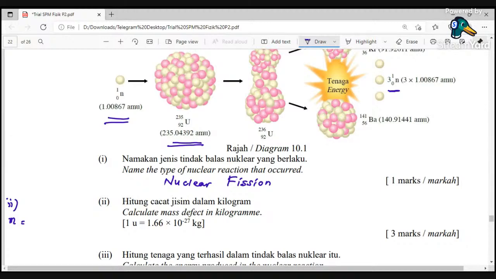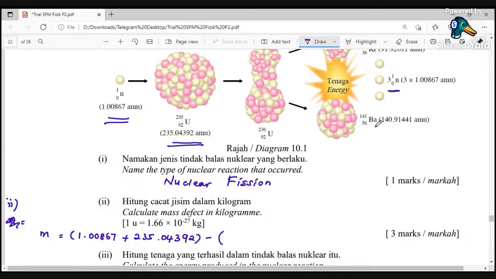Then you take mass before minus mass after. Okay, so I think it's quite long, the writing, so I write here. m equals to, okay, before there is 1 neutron, so 1.00867 plus, don't round off, just write again the value given. Follow what is given. This is before, minus after.